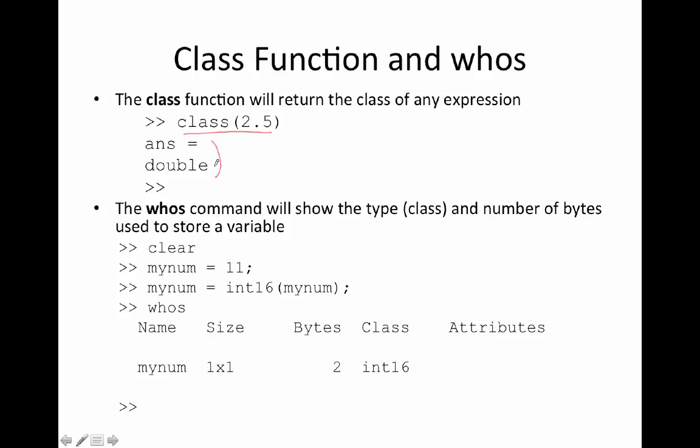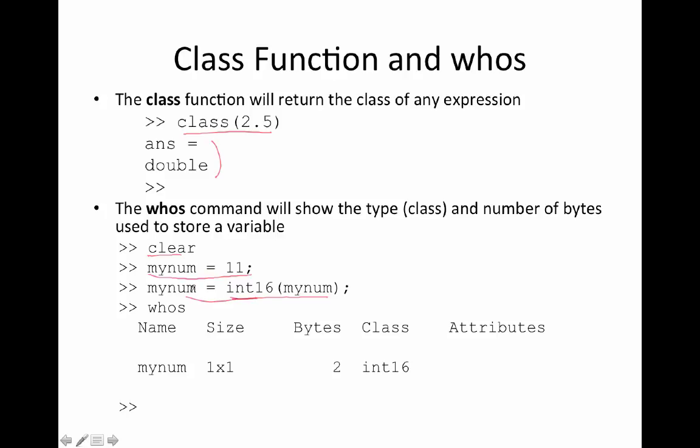So here's a sequence where I first of all cleared to get rid of all variables that I might have. Then I created a mynum variable and initialized it to have the value 11. So the default would be that right now mynum is the type or the class double. But then I'm going to take mynum and change the type to be int16. So I'm taking that expression and storing it back in mynum.